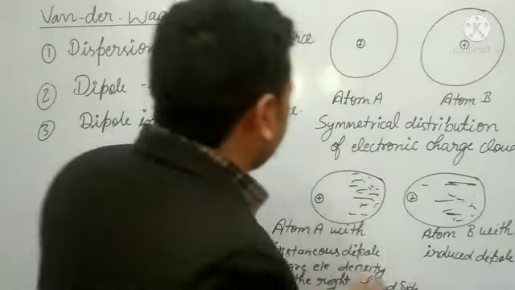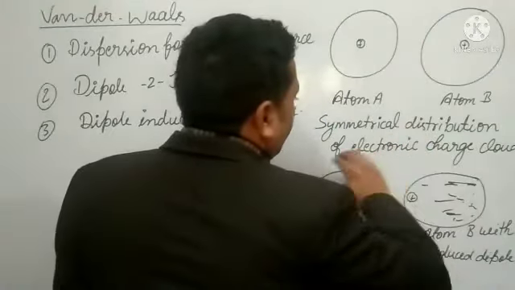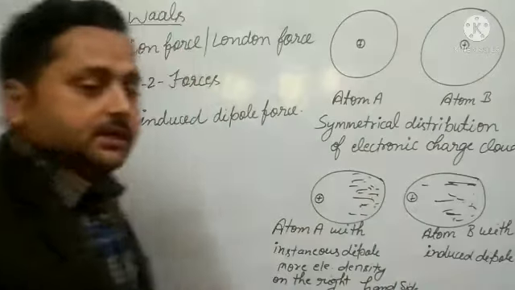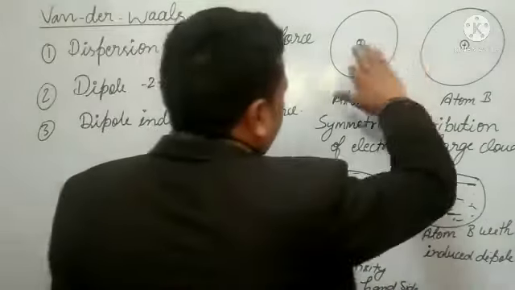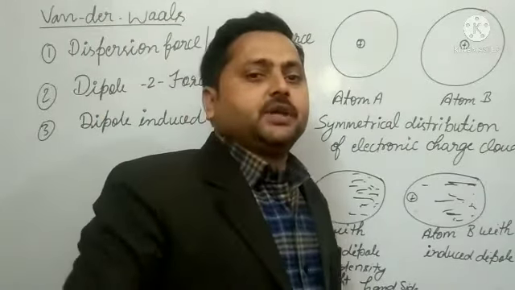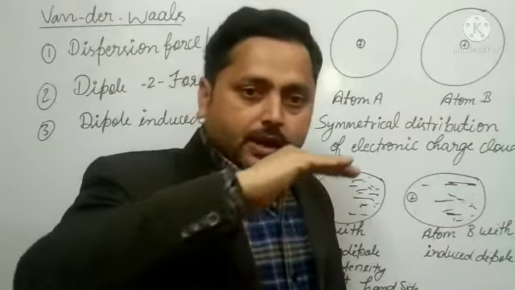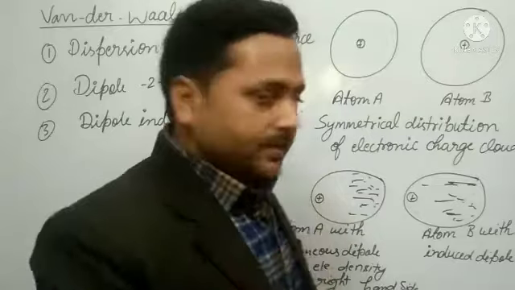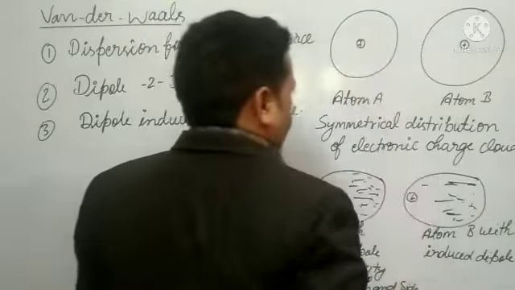So we say there is a symmetrical distribution of the electron charge cloud. Both A and B are symmetrical, and the charge is distributed uniformly.